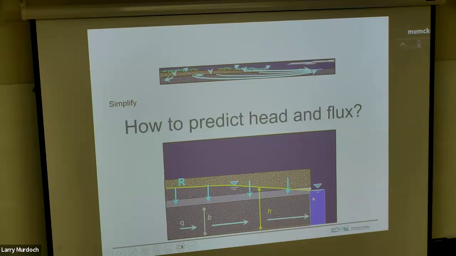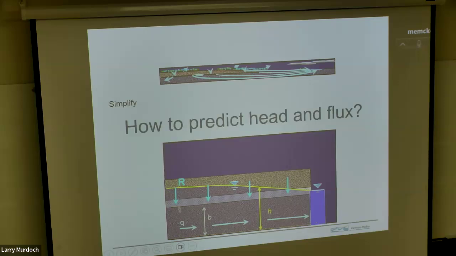And that usually doesn't happen. Usually streams, if you ever plot a stream in cross section, are really thin relative to their width. So the streams really are going to be sitting on top of an aquifer, say. But in this case, we're going to assume that it cuts all the way through, just to get started.